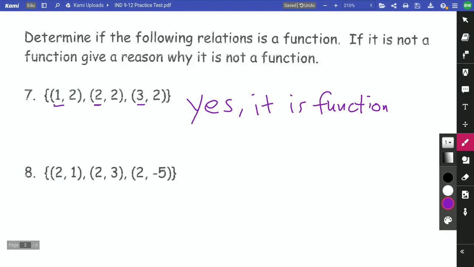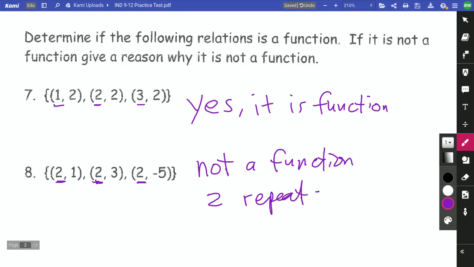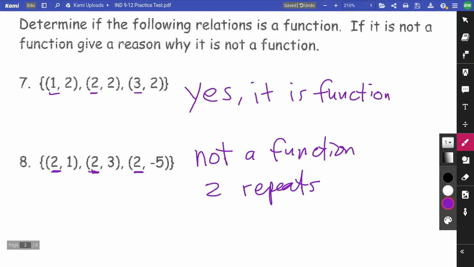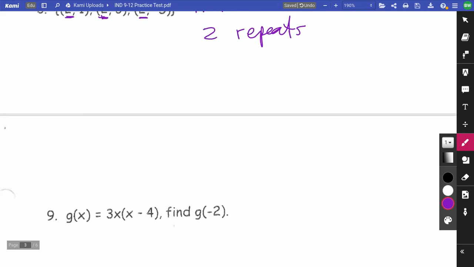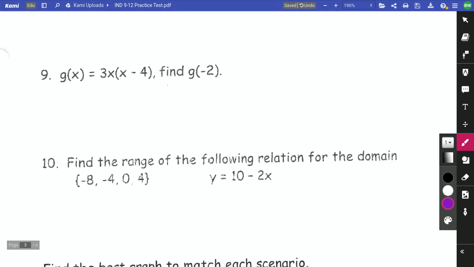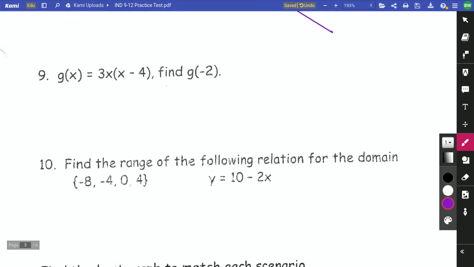And then the next one, okay, lots of repeats, right? 2 is paired with 3 different things, so that is not a function. Not a function. And the reason, you could just say 2 repeats. That's good enough. Okay?